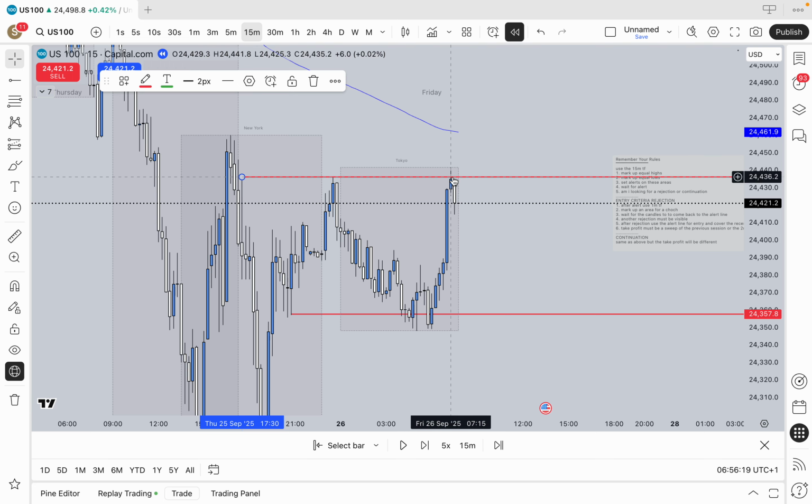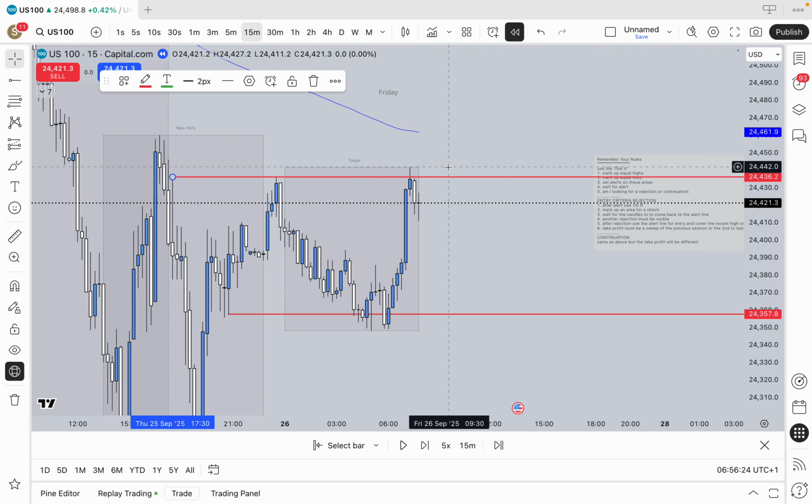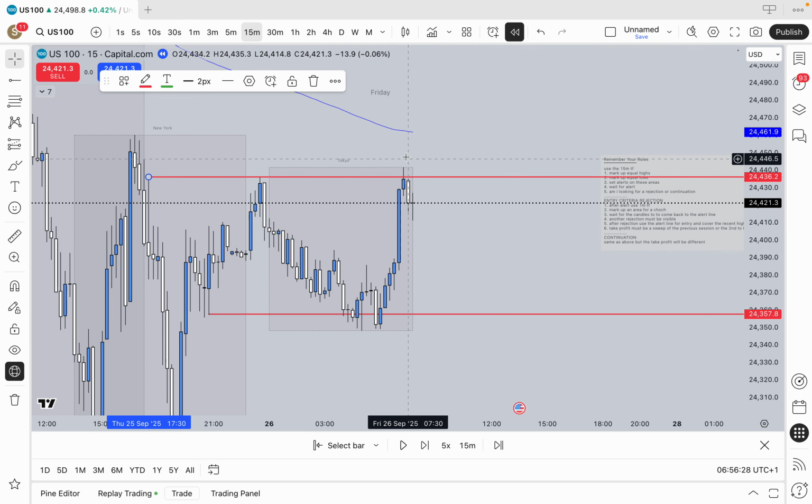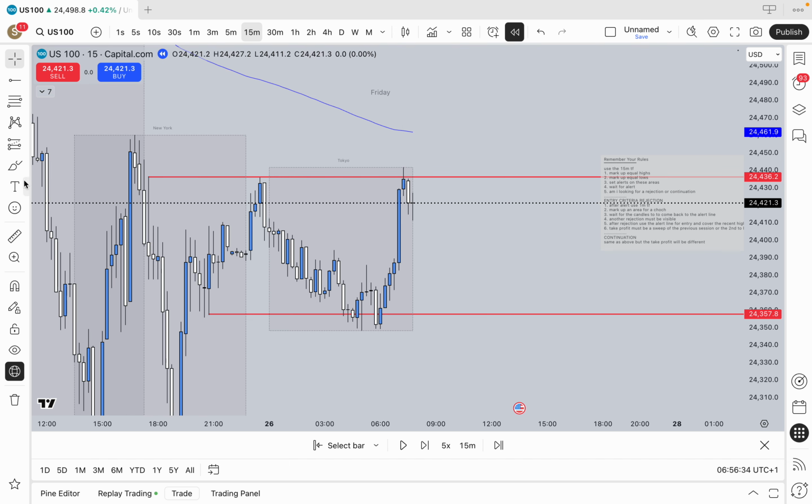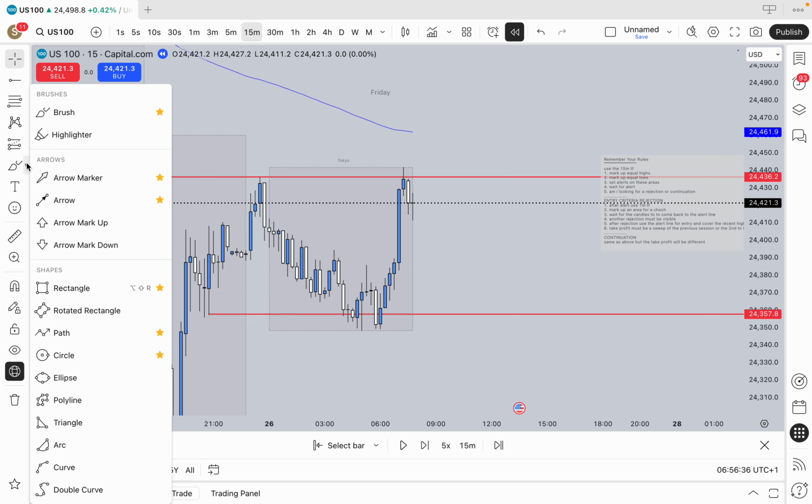Boom. That was my alert that's just gone off. Okay, so this is the point now where we're going to be seeing, are we going to be breaking above here, coming back down for a rejection or a continuation?